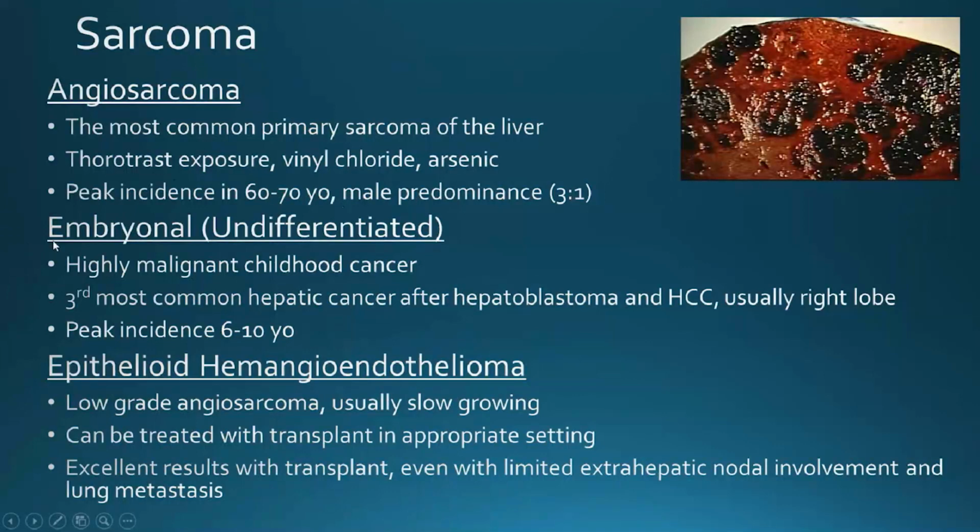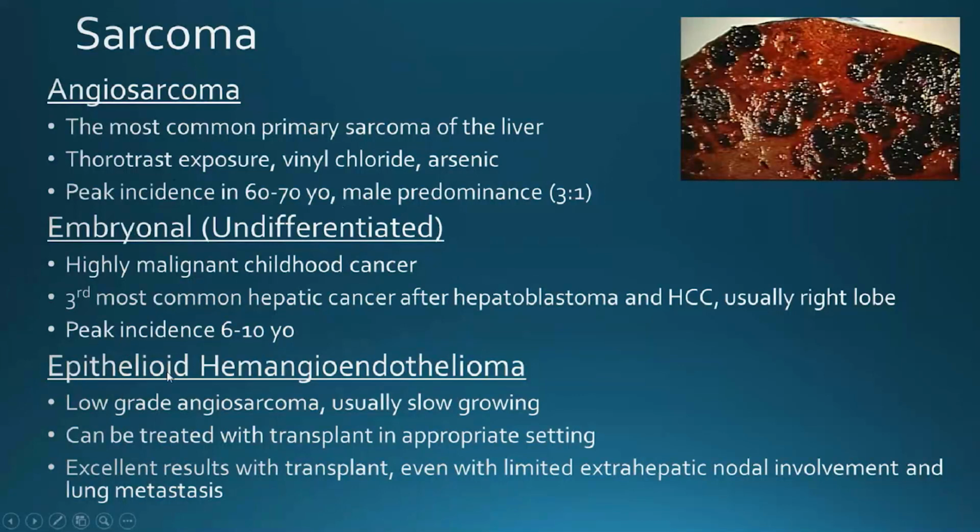There are other kinds of sarcoma like embryonal sarcoma, which is the third most common hepatic cancer after hepatoblastoma and hepatocellular carcinoma in children, and peak incidence happens between 6 and 10 years.